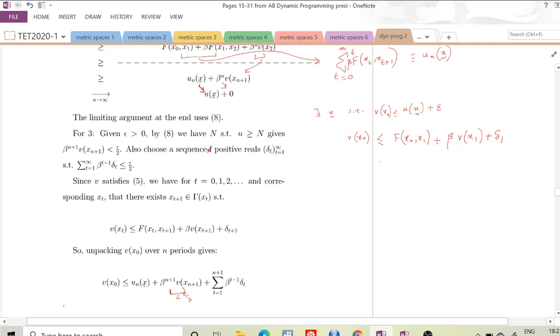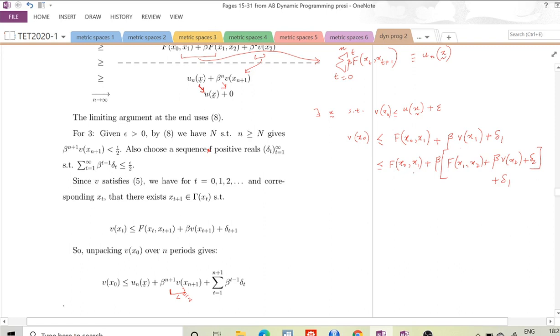so then, like in the last step, this is less than or equal to f of x naught x1 plus beta, and this v of x1 is less than or equal to f of x1 x2 plus beta v of x2 plus delta 2 plus delta 1 and so forth.